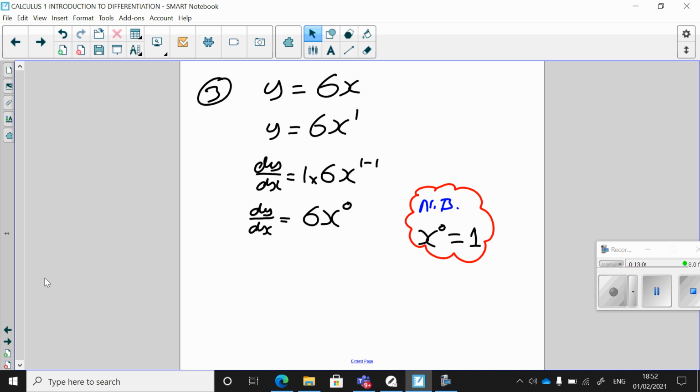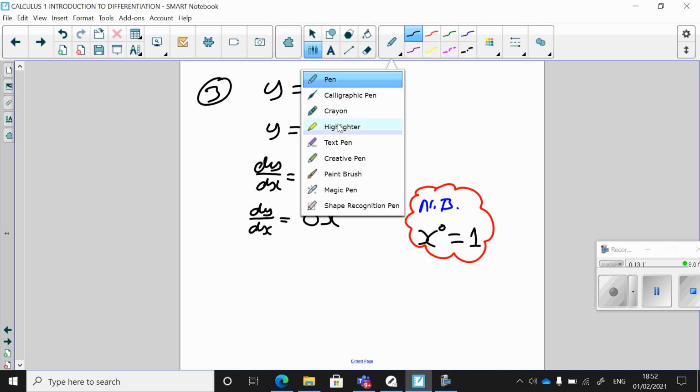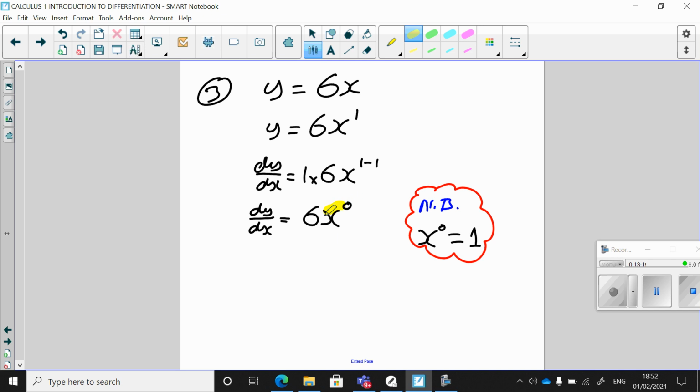So what you need to remember here, by using your laws of indices, is that anytime you've got x to the power 0, that's actually equivalent to 1. So x to the power 0 is 1. So that's going to be 6 times 1, which is just 6. So that's your derivative. Right, this is a special case when it's a number times x, or whatever the variable of choice is, i.e. the letter of choice.